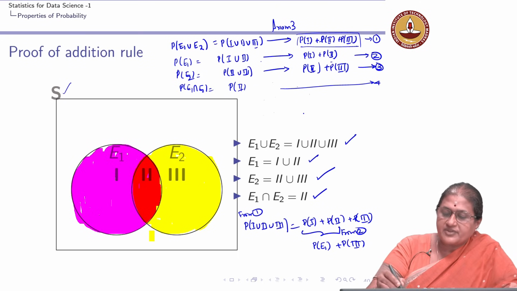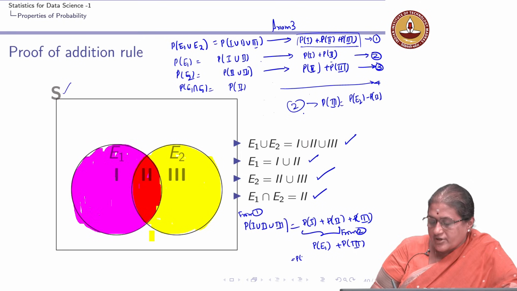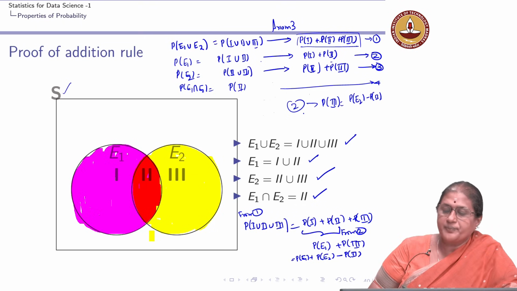But probability of 3 is nothing but probability of E2 minus probability of 2, this comes from 3. So, I can write this as probability of E1 plus probability of E2 minus probability of 2.